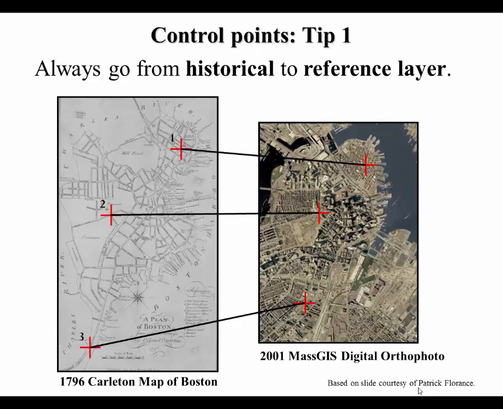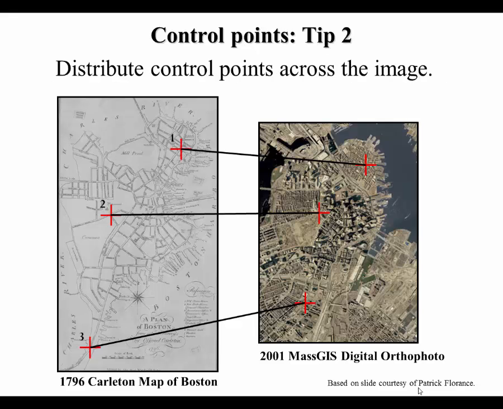The first tip: always go from the historical image to the reference layer. Here, going from that 1797 Carleton map of Boston to the 2001 MassGIS Digital Orthophoto. And I'd like to acknowledge here my colleague Patrick Florence, who created this image when he was at Harvard. He's now at Tufts University.